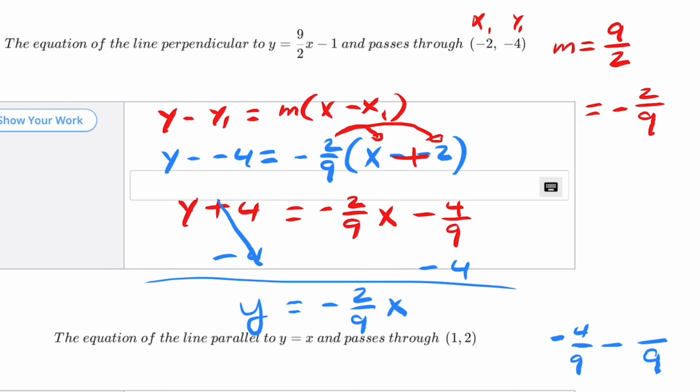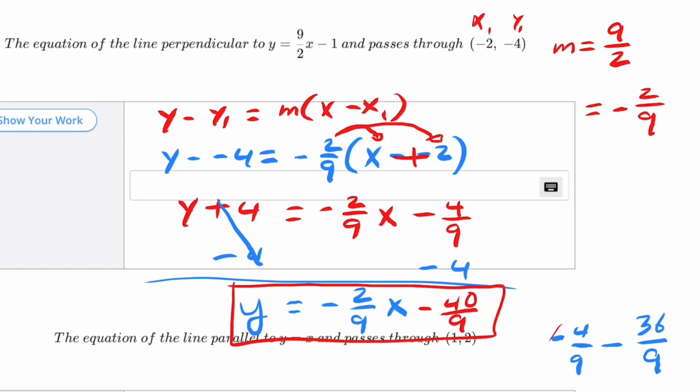That something is 36. 36 divided by 9 is 4. The reason I use 9 is so I can make it into a common denominator. So -4 minus 36 is -40 over 9. That's the equation for the perpendicular line.